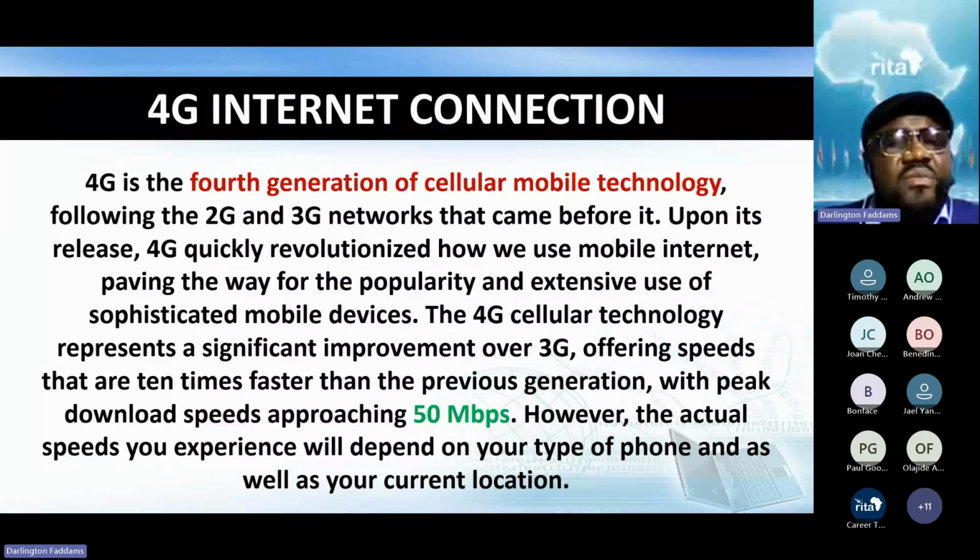When 4G was released, it quickly revolutionized how mobile internet works, paving the way for the extensive use of sophisticated devices and provides download speed approaching 50 megabits per second.